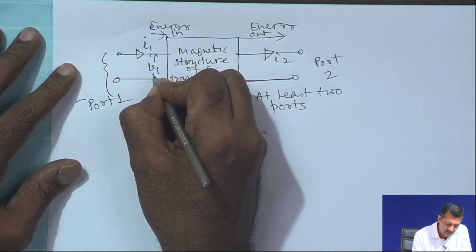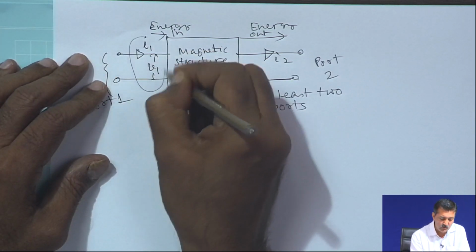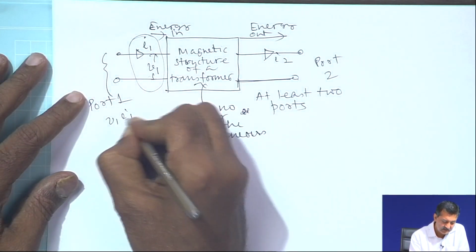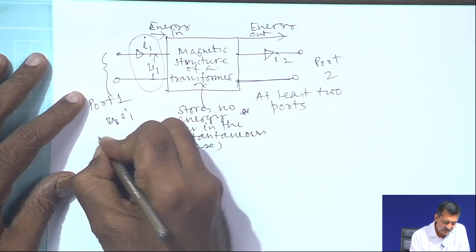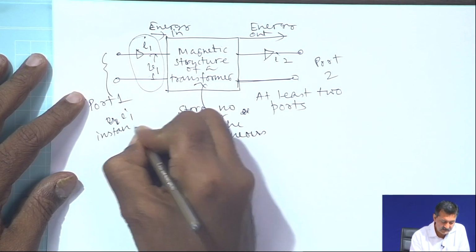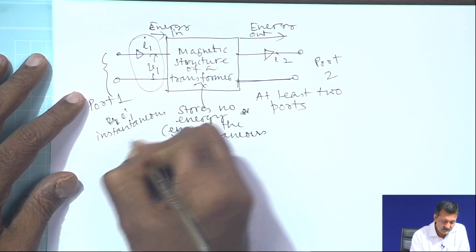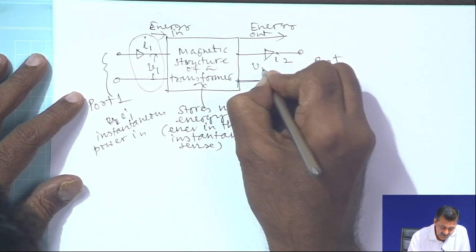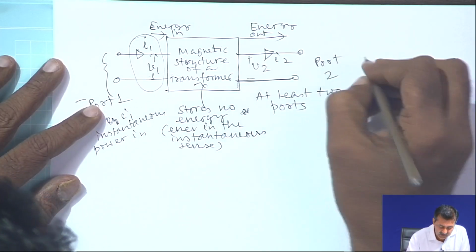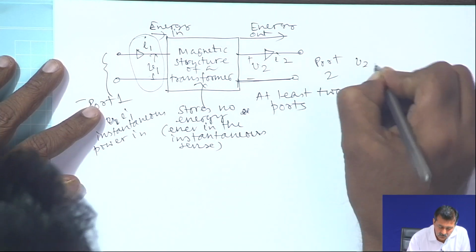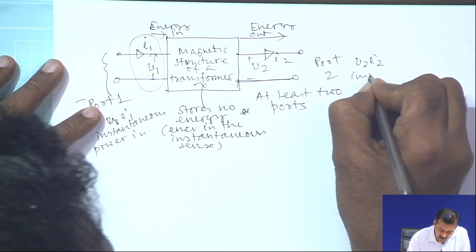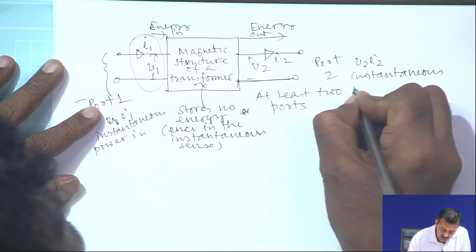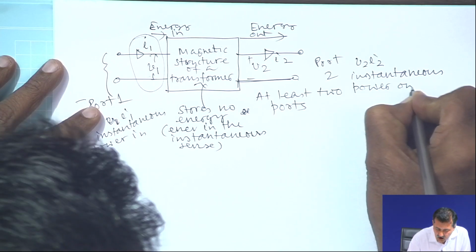So, V1 I1 indicates the energy in. The V1 I1 product indicates the instantaneous power in, which must be equal to V2 into I2, the instantaneous power output.